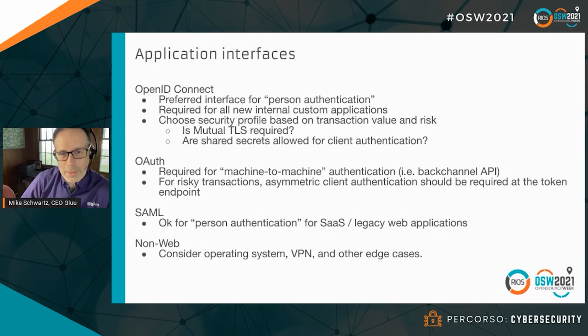For example, for SSH access, there's the open source Teleport system that you might look at. Anyway, there are some ways to bring OpenID Connect to these non-web use cases, but you also need to consider them, but don't let them drive your decision for what to do. Eventually these will be aligned with the identity standards.